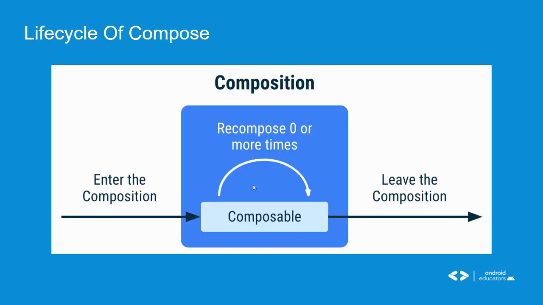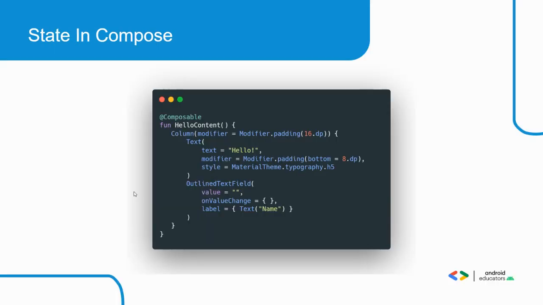Let's move to the life cycle of Compose. The life cycle of Compose basically tells you how the composition happens, when composition ends, and when recomposition happens. So, what is entering the composition, and what is leaving the composition. Let's say when you create this compose UI, you have the text and outline text field.